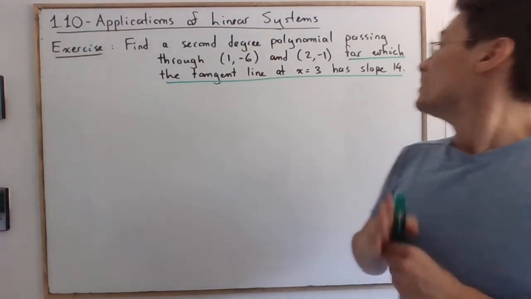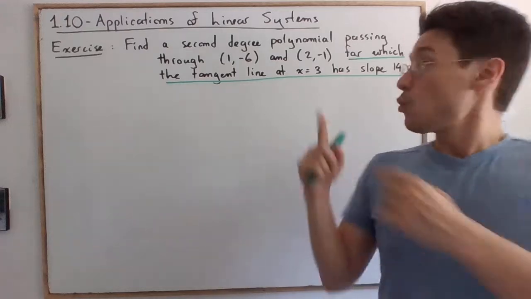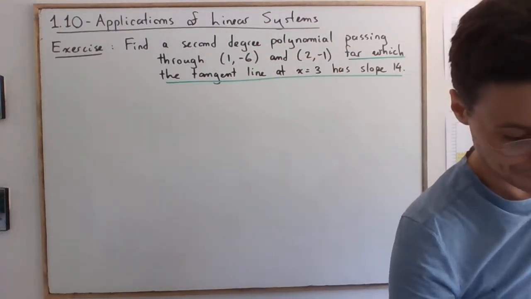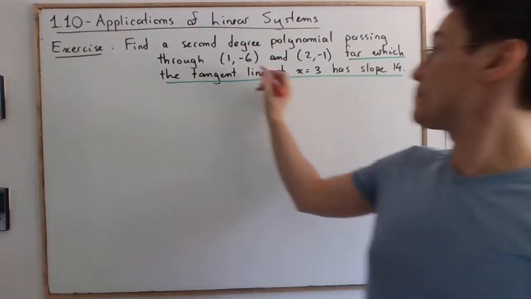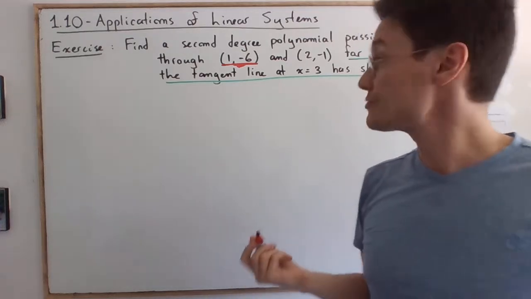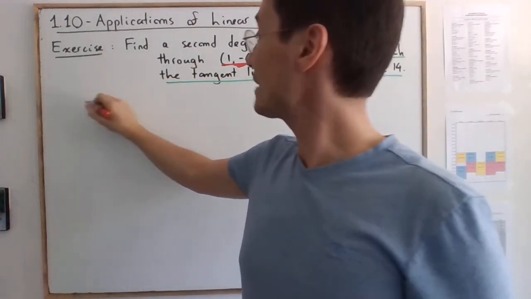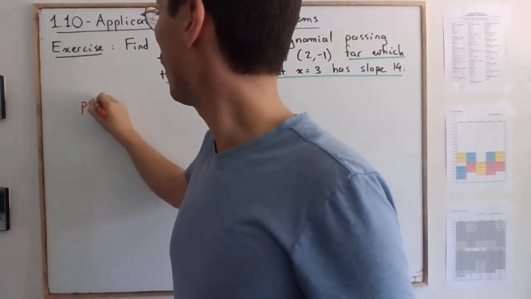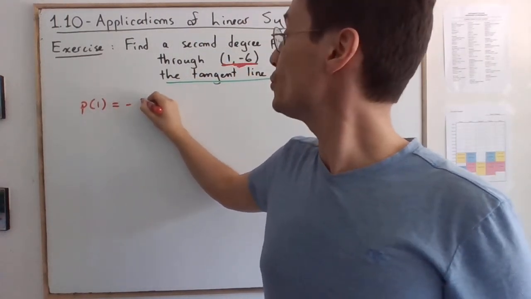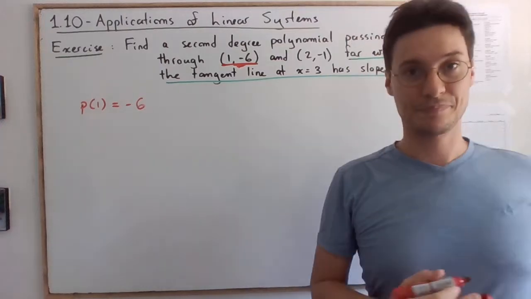Okay, let's write what these two parts of the problem mean. For this one, we know that the polynomial is passing through this point. This means that p of 1, remember this is the x coordinate, is equal to -6.